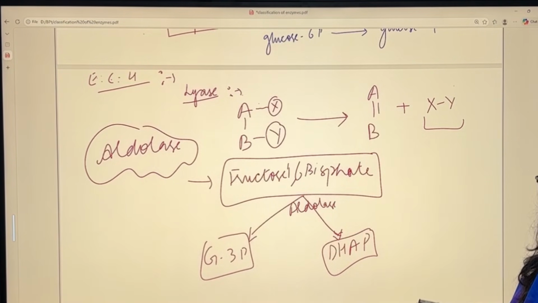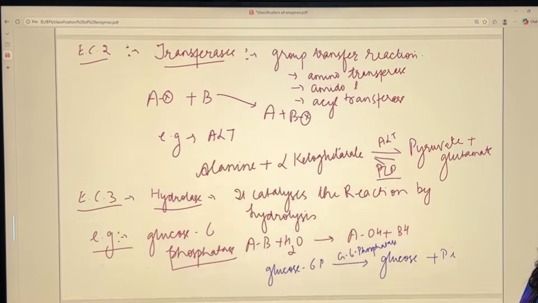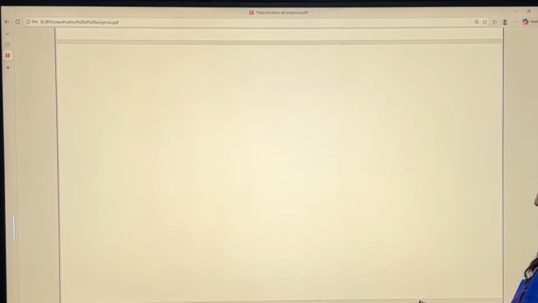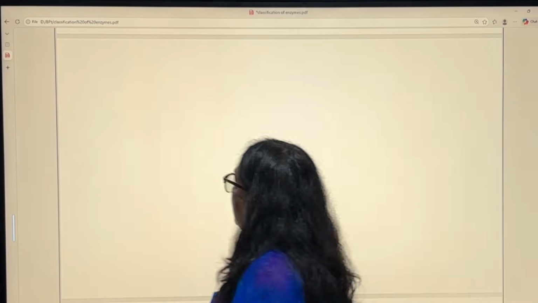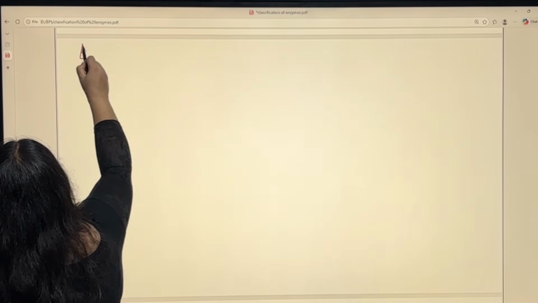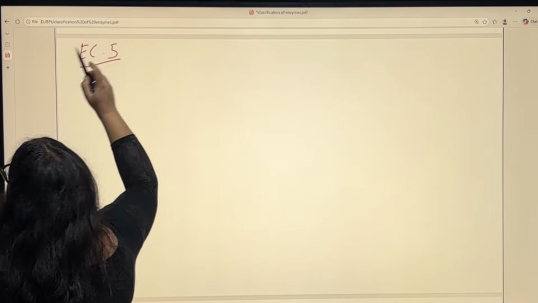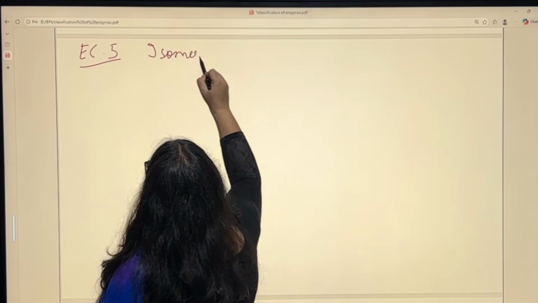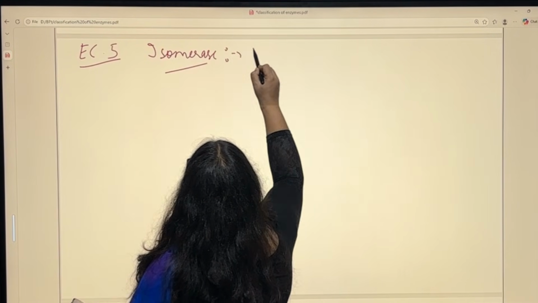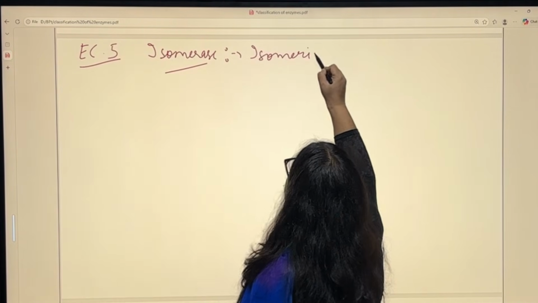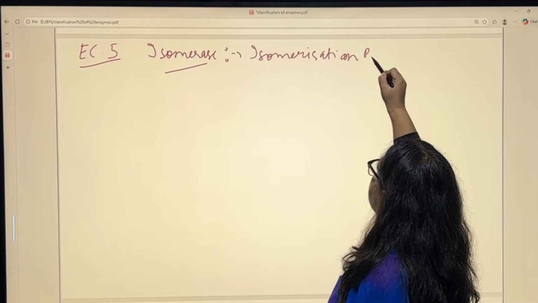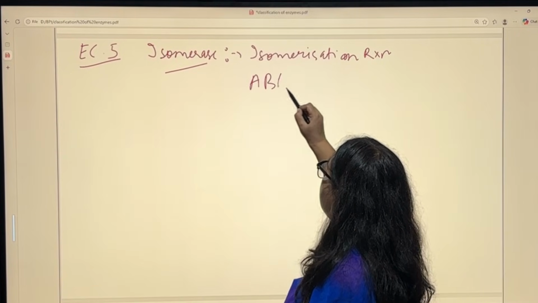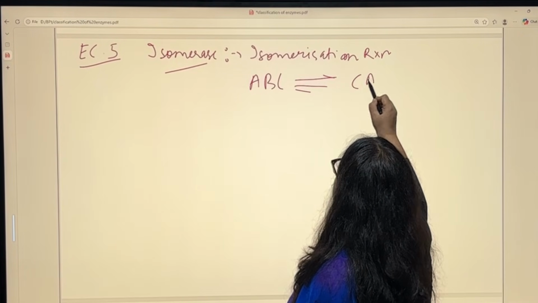Now moving on to the next classification, Enzyme Commission number 5, EC5, which we are calling the main class. This is isomerase. This is going to catalyze isomerization reactions. For example, ABC will be converted into CAB.